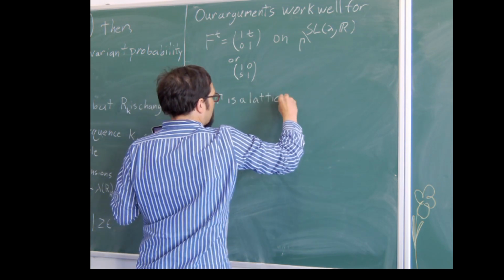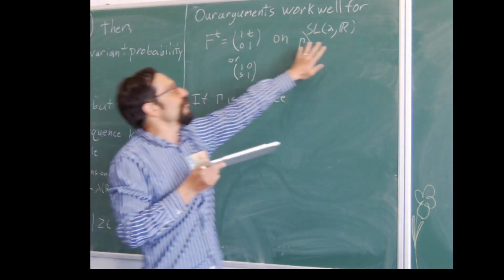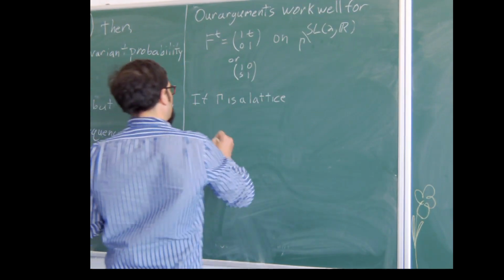It might be a non-co-compact lattice, and at each stage I'll say a few remarks on the non-co-compact case, when this space has finite volume but is not a compact space. Okay, so let's make some remarks.